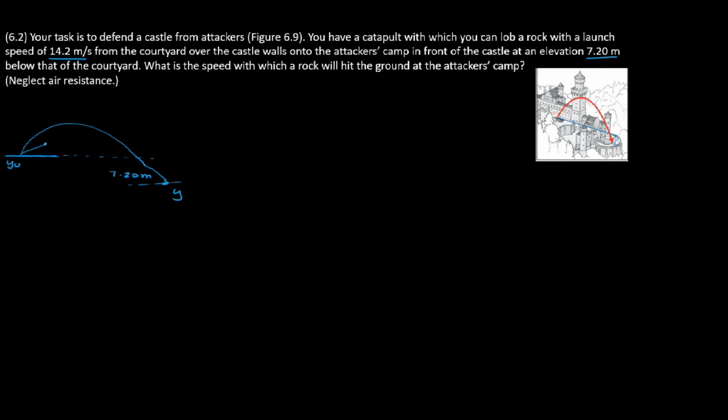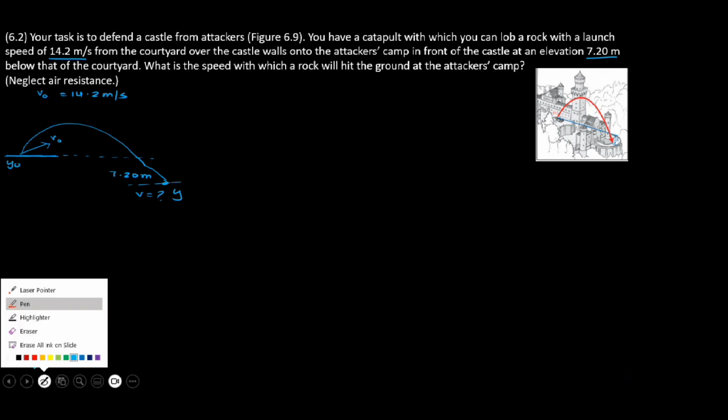We launch the rock with an initial velocity v0 of 14.2 meters per second. So I will write here v0 is 14.2 meters per second. We need to find the final velocity at the point here, v. What is v, find.